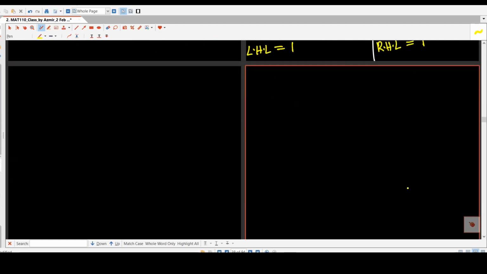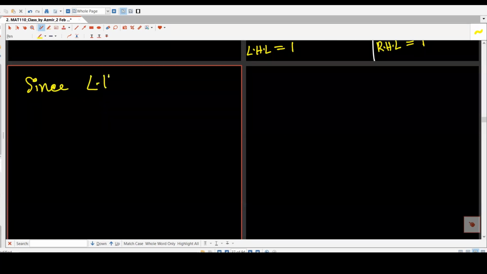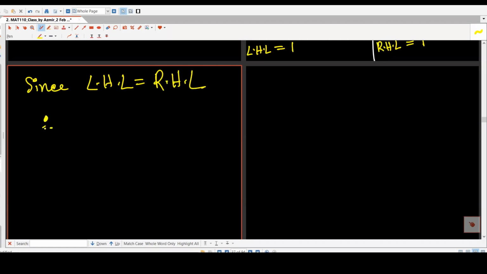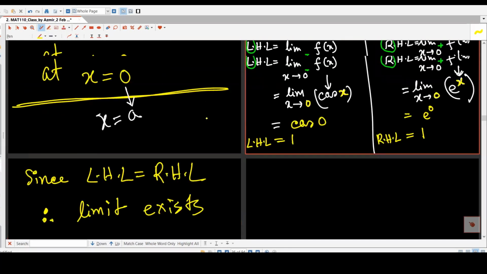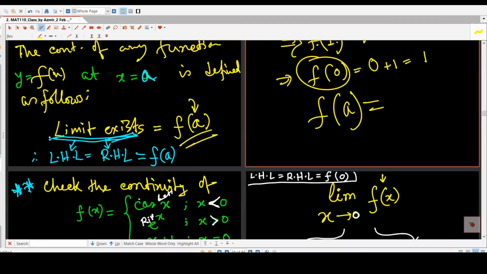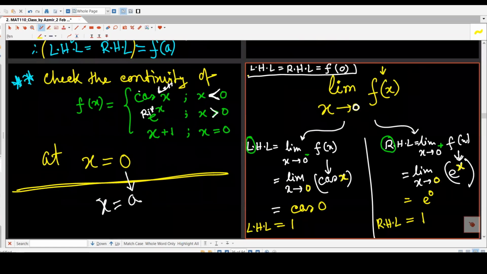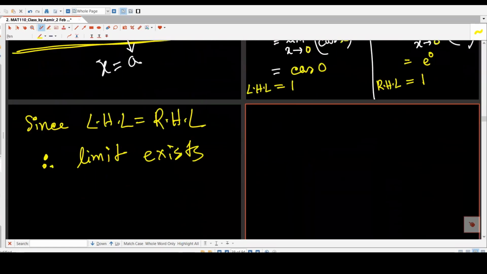So since left hand limit equals right hand limit, the limit of the main function exists. For continuity, at first we have to check whether the limit exists or not. Left hand limit and right hand limit are the same, so these two conditions are okay.